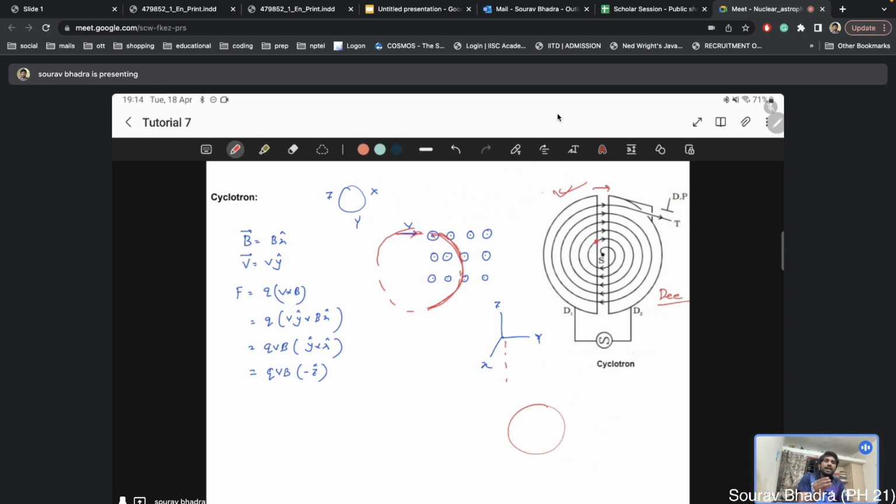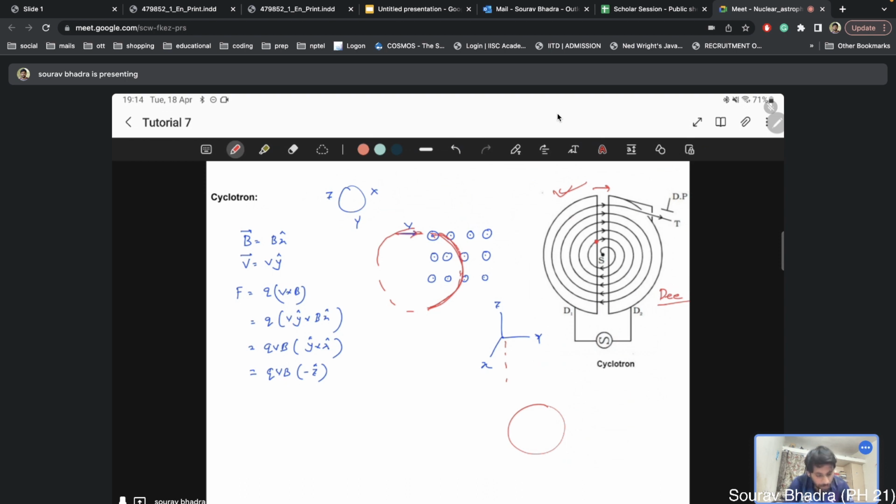That's why the radius is increasing a little bit in every rotation. In the D itself, whether in this part or this part, there is no acceleration. It is just giving a round-shaped path. But whenever it is coming in the gap, this gap is the most important thing.